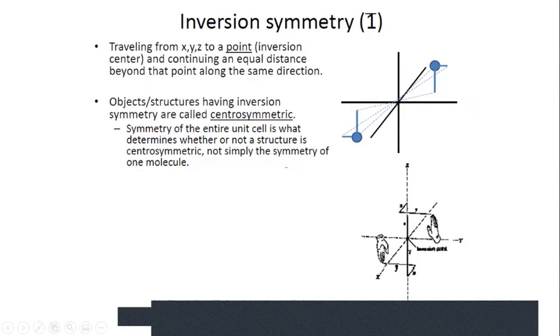Just to give you a little prequel of what's to come when we talk about space groups, these are some space groups that always have inversion centers in them, and we'll talk about that later on. There are 3 examples of centrosymmetric space groups.